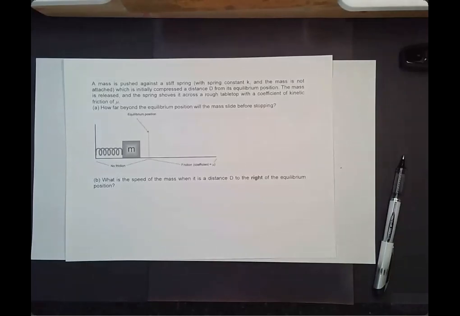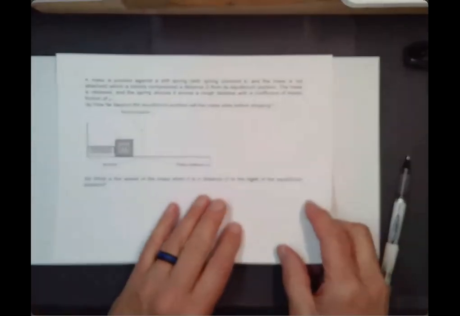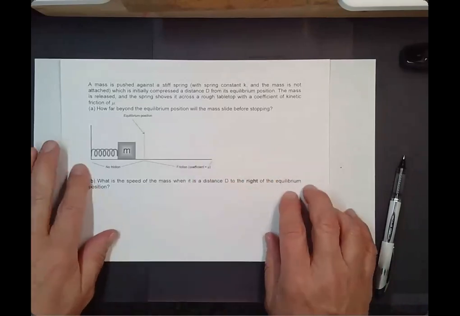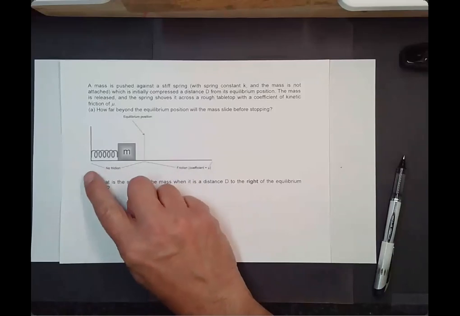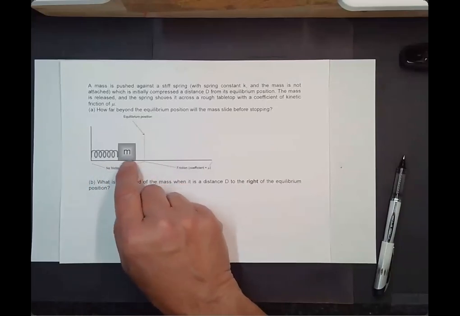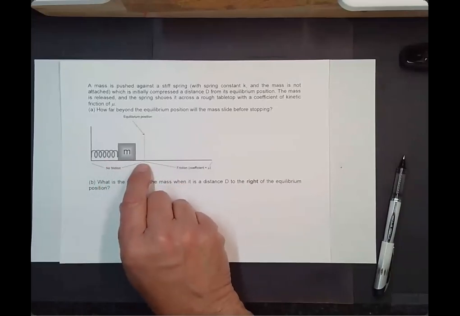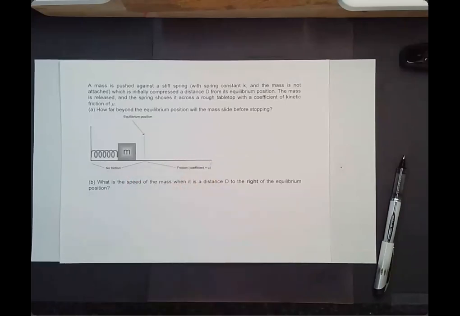Now I've got some that I want to introduce friction on, and we can do just a couple of these. This is one that I actually had on a test at one time, and it's kind of weird in that a mass is attached to a spring and you compress the spring, and in this region right here there's no friction, but then it reaches a point where there is friction out here, so it's kind of an artificial situation in that regard.